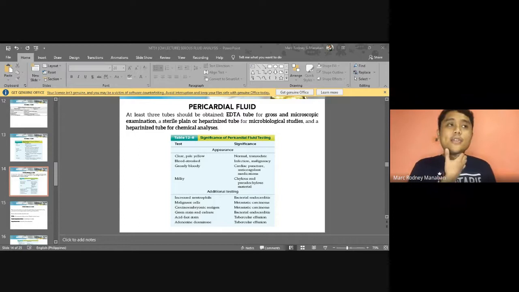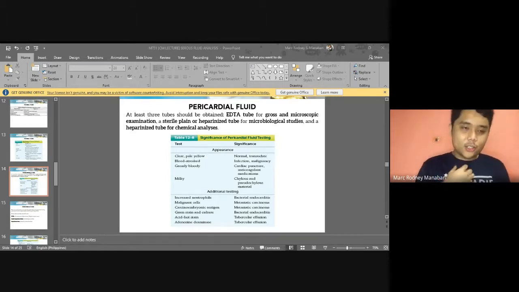So, differential count also, and then you look for malignant cells because that could indicate metastatic carcinoma. Usually, if you see malignant cells in pericardial fluid, it comes from carcinoma of the lung or breast.